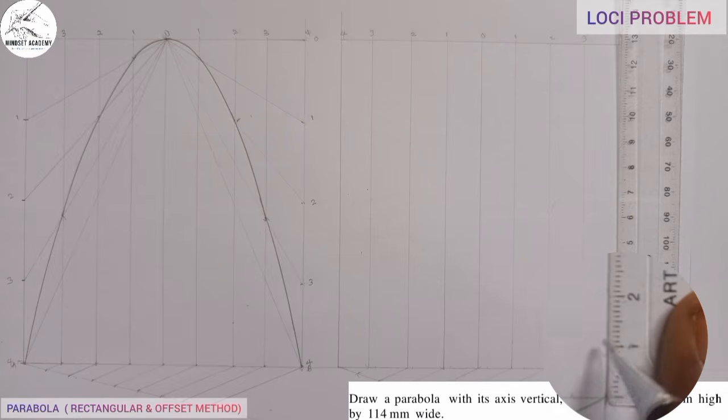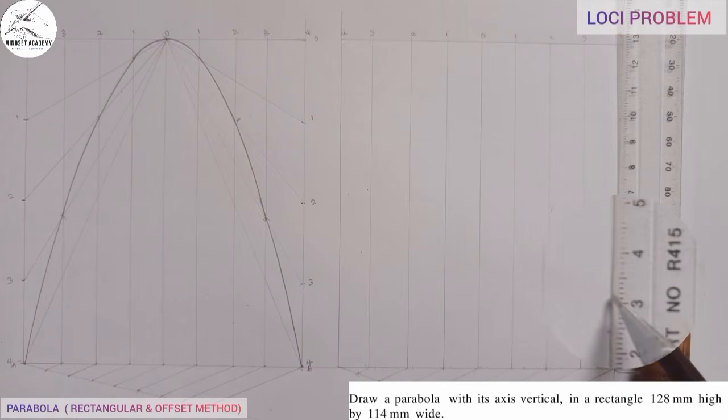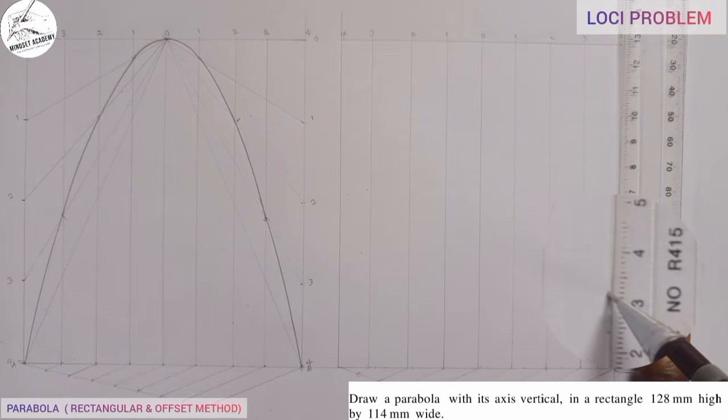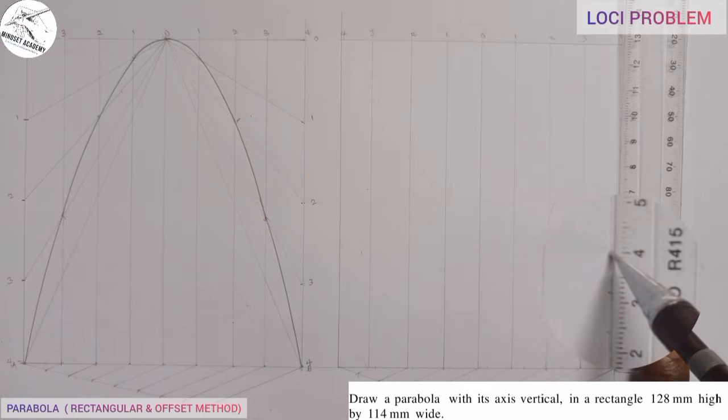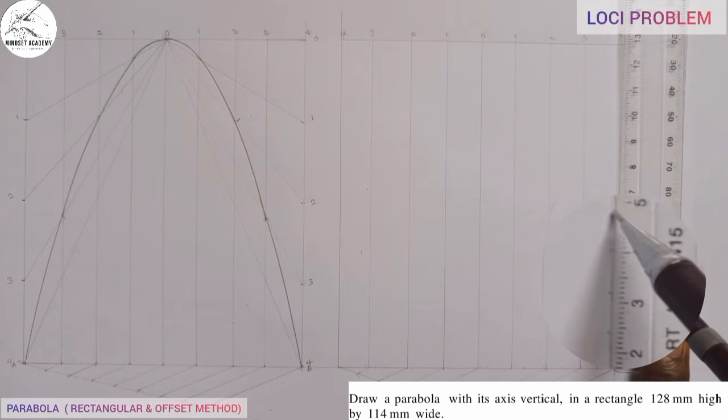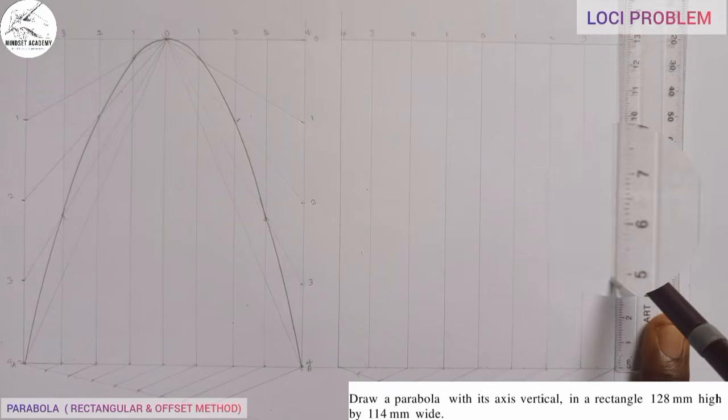The next one will be 16. The next one will be what? 24. This one is 32. The next one is 40. We have 48. This is 48 here, right?